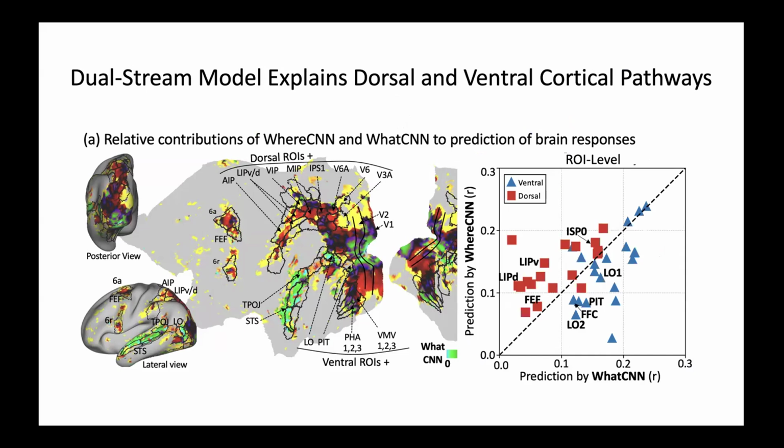And different ROIs seem to fall under this kind of binary case, so that in the midline is an area that is equally well explained by the what versus the where CNN.